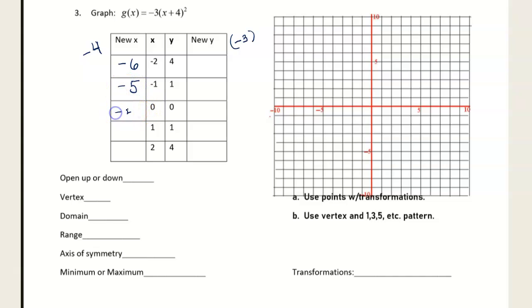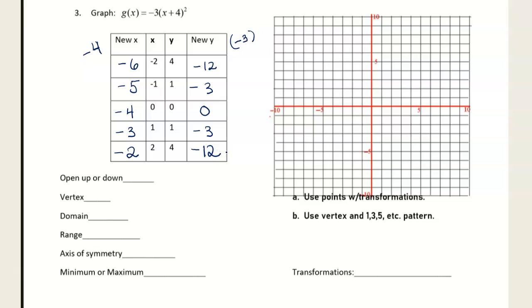We're going to follow that pattern all the way down. 4 times -3 on the other side is -12. 1 times -3 is -3. 0 times -3 is 0. And then we're going to go right back up.